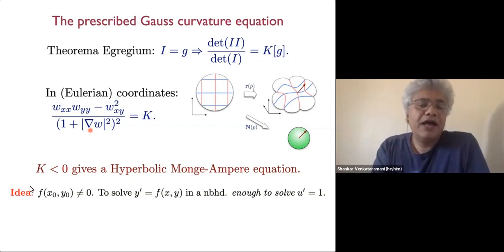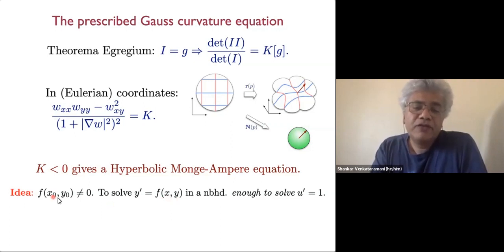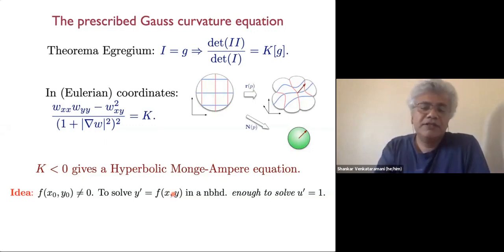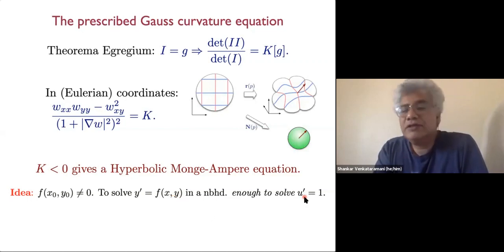If you have a differential equation, y prime is f of x, y, in the neighborhood of a point x naught, y naught, if this right-hand side is not 0, it's enough to solve the simple equation u prime equals 1. You can really take it to be just a constant 1, because you can always construct a change of coordinates that reduces this equation to this equation. So it's a normal form for these equations away from bifurcation points. Of course, if this is 0, then you have to do more work.